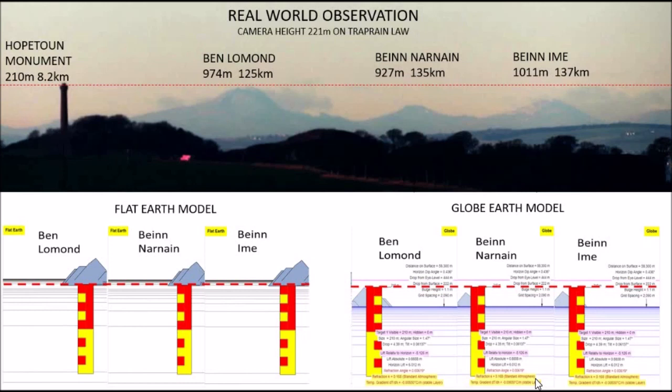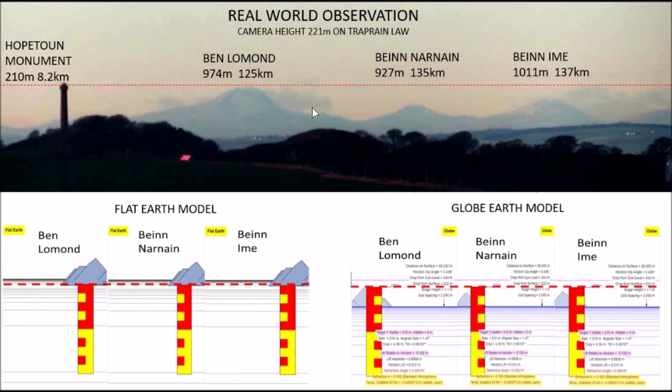Without any refraction at all, these mountains appear yet lower below the line. And if you apply greater than standard atmospheric refraction, Ben Lomond starts to appear above the line. Ben Eam and Ben Nunnain remain below the line. The spherical Earth model matches the real-world observation. A flat Earth model does not.